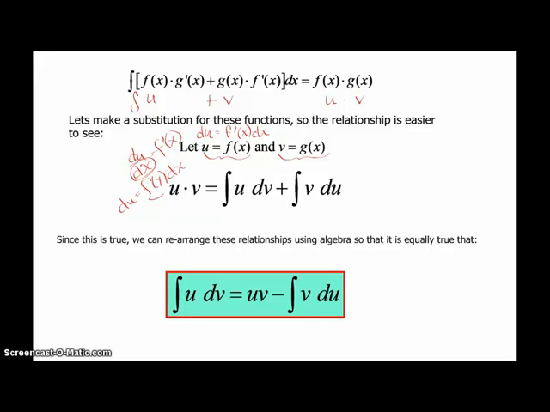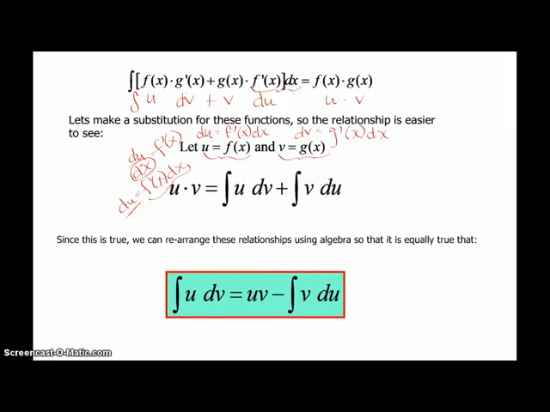So anytime I see f prime of x dx, I can just write du instead. So there we go. There's f prime of x dx. I'm calling that du. And in the same vein, if v is g of x, then dv should be g prime of x dx. So when I see g prime of x and the dx is over here, it distributes and applies to both of them, I'm going to call that dv.